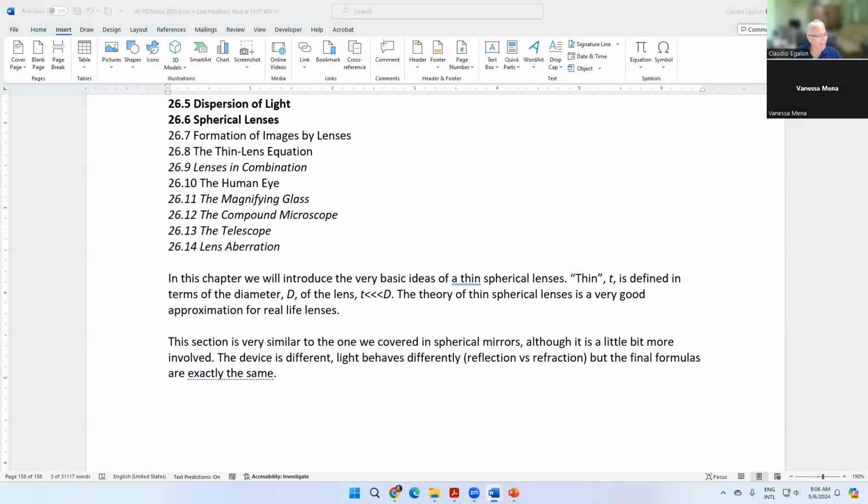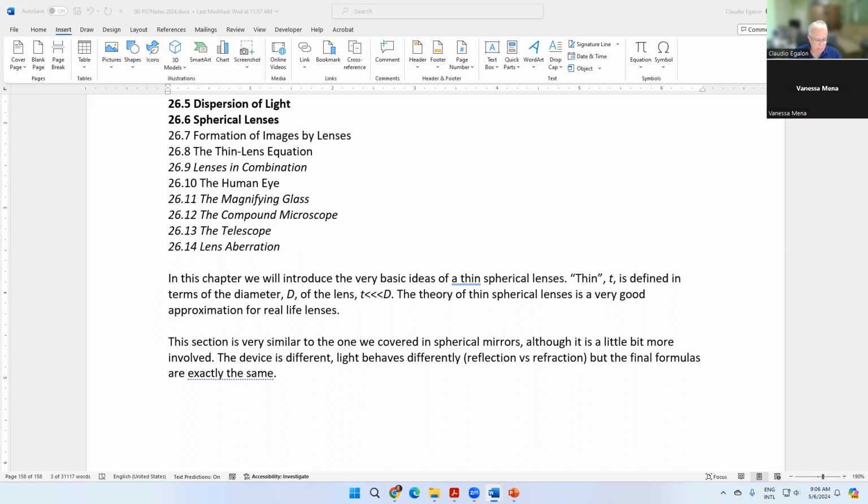That's an amazing thing. Even though we have two different devices, the mirror and the lens, the equations that we use for them are exactly the same, because we are using a thin lens.